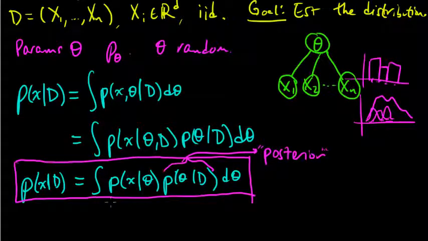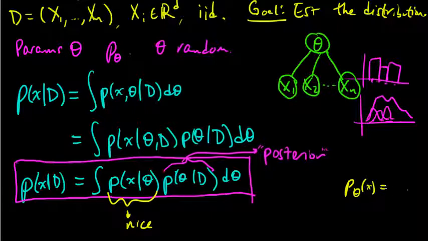This part is very nice. This is nice because this is just how we define the distribution on the x's. That's essentially what this is here. So p theta of x.